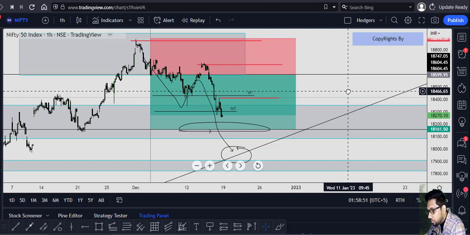Now let's talk about the dollar index and also the S&P 500.